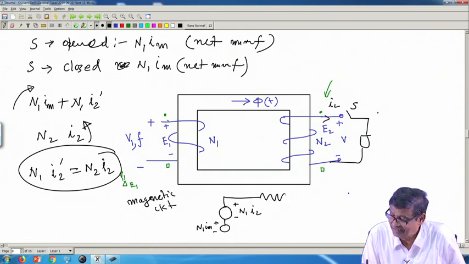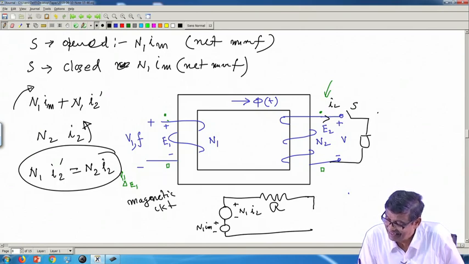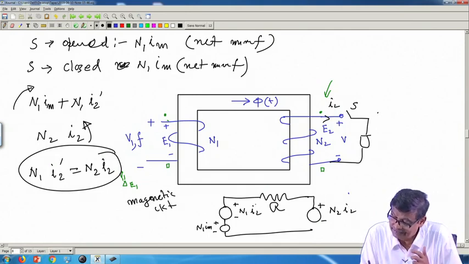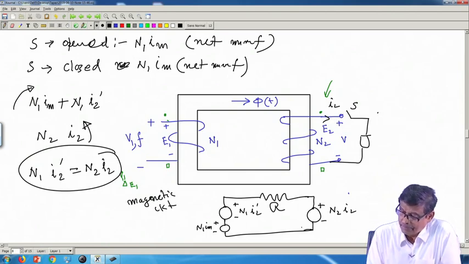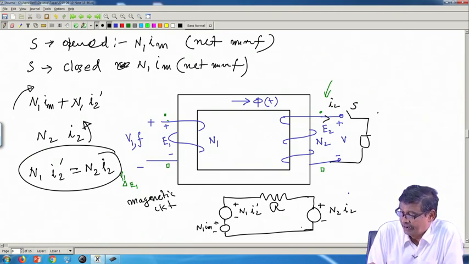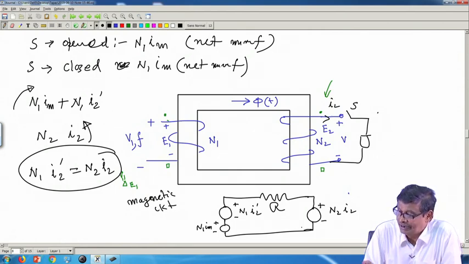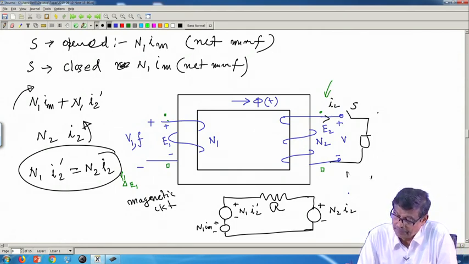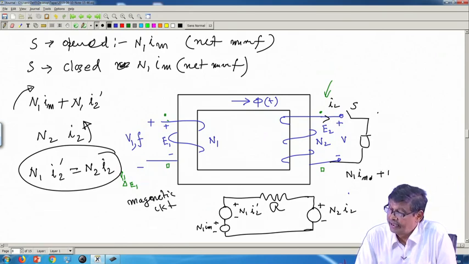Here is the reluctance of the magnetic circuit and here is another MMF acting in the opposite direction. What is that? N2 I2, and this is I2 dashed. What is the net MMF acting? N1 IM plus N1 I2 dashed minus N2 I2, divided by reluctance. So, net MMF is N1 IM plus N1 I2 dashed minus N2 I2.